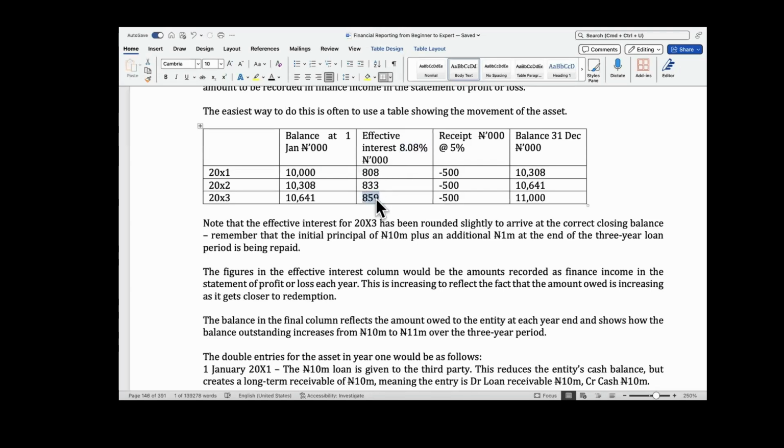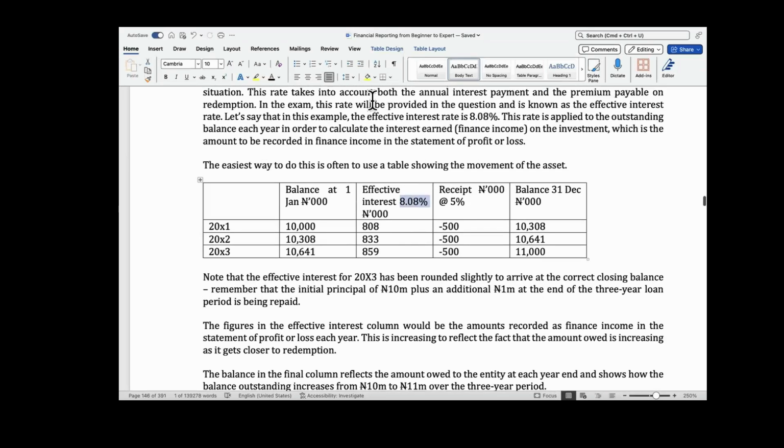And if you add it, you will get 2.5. Any extra decimal, or 2 naira on that, is just approximation error. So that shows clearly that this 8.08% effective interest rate actually helps us spread that premium over the 3 years.